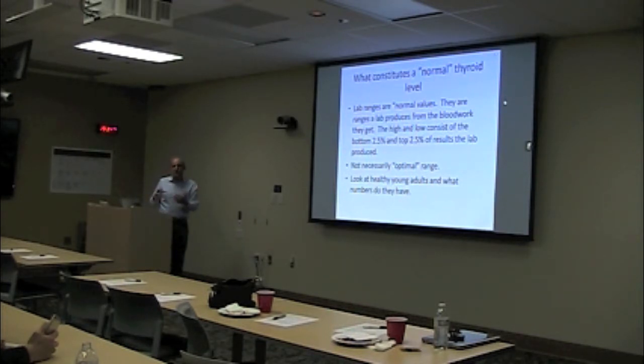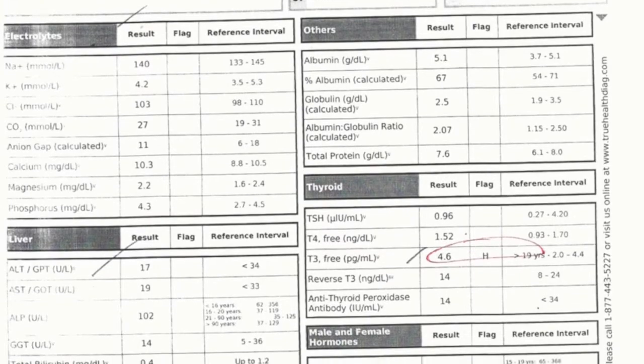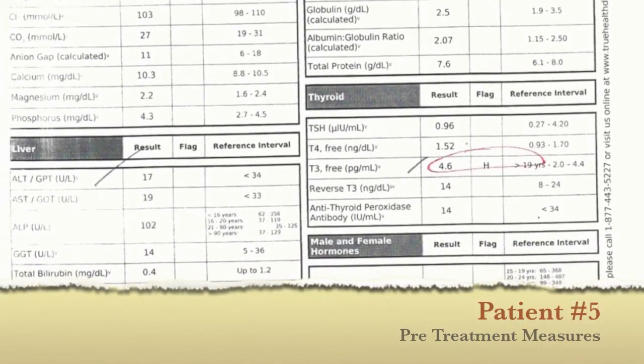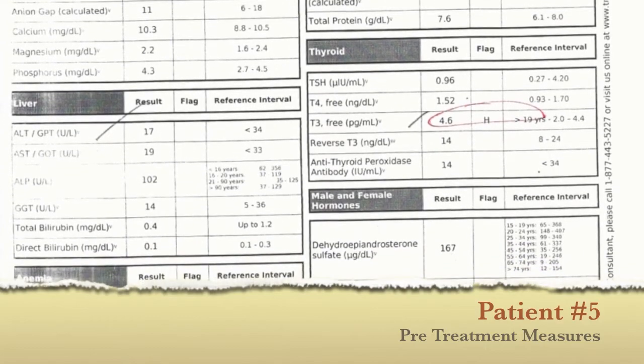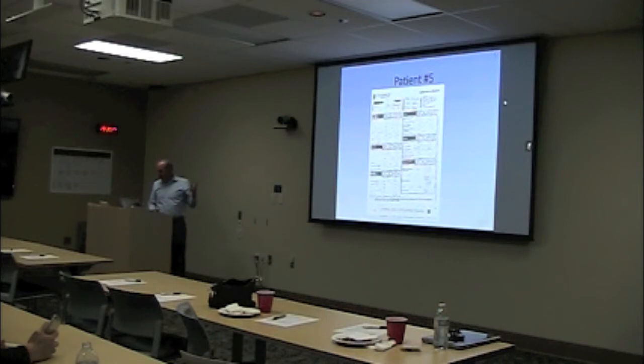Well, let's look at some young, healthy adults and see what kind of numbers they have. This is a 14-year-old, great health, feels good, has no complaints, came in for a general wellness exam and wanted some blood work. Her free T3 is 4.6.